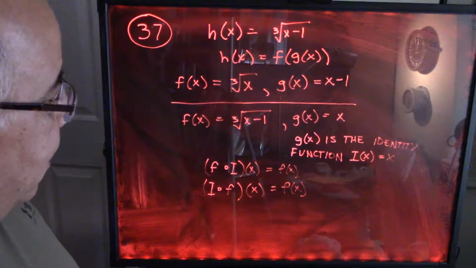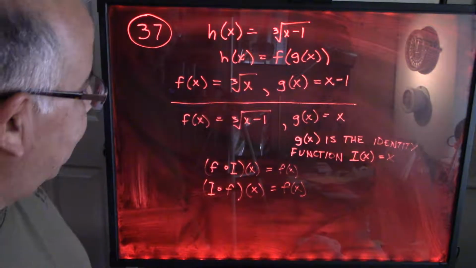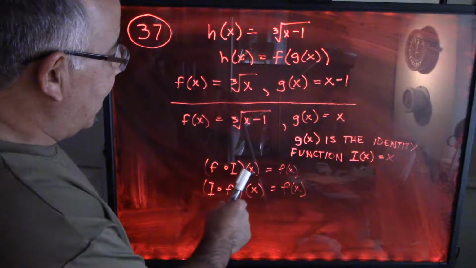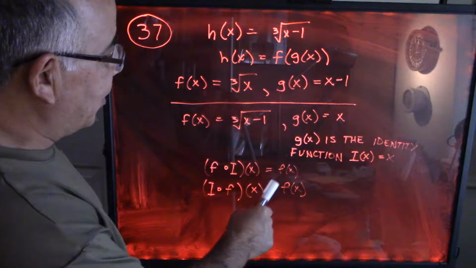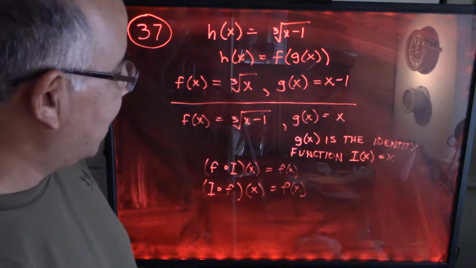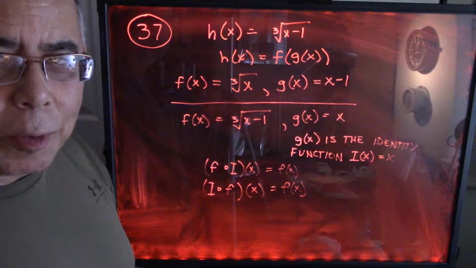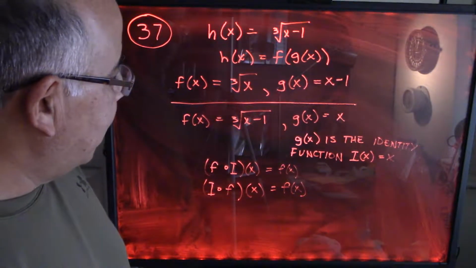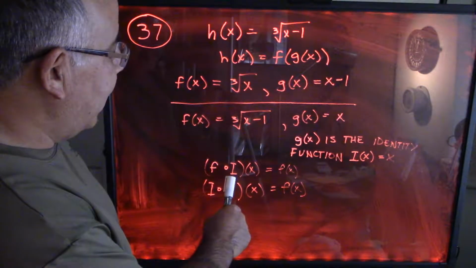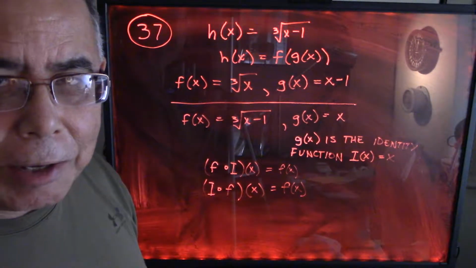And there are parallels here. F times I equals f, I times f equals f. Think of that as f times 1. Composition is different from multiplication, but I has the same effect in composition as the number 1 does in multiplication.